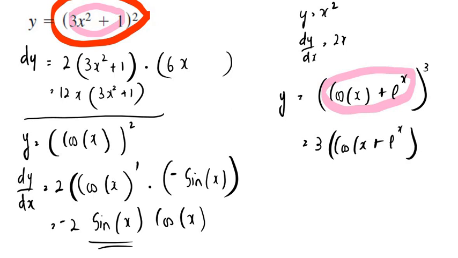So it's 3, write the baby as it is, cos x plus e to the power x, and then we subtract 1 from the power, you get 2, and then multiply by the differentiation. We put that in brackets. So when you differentiate cos x, you get minus sine x, and plus e to the power x.